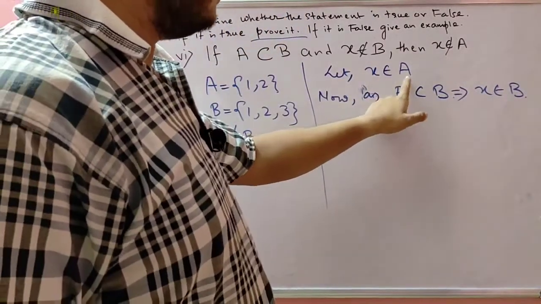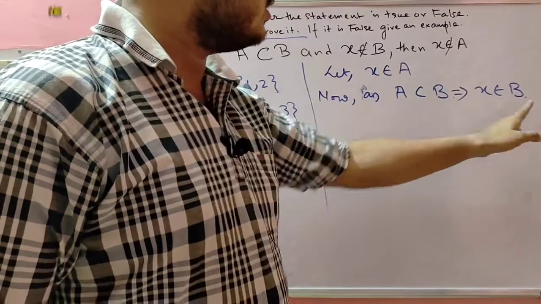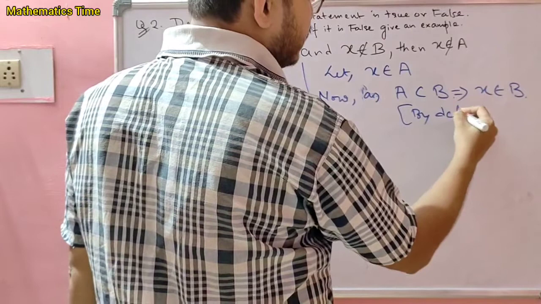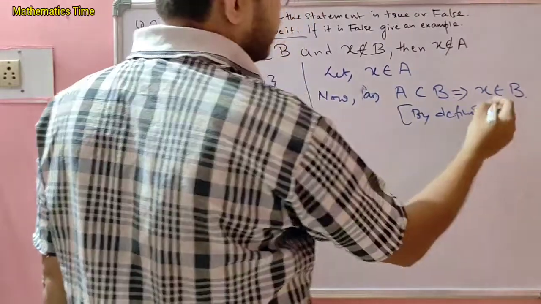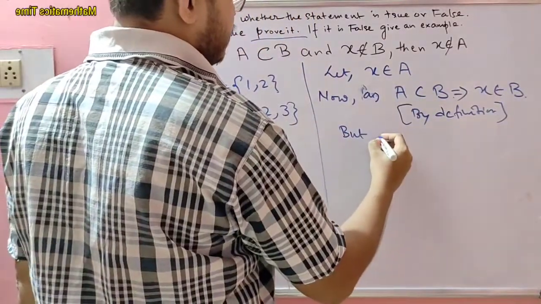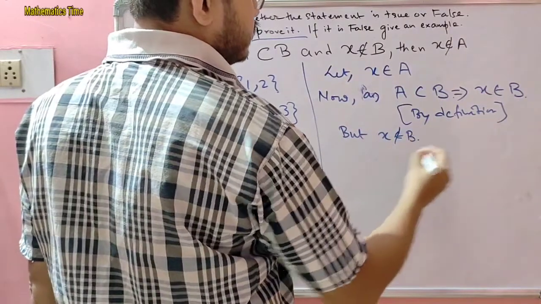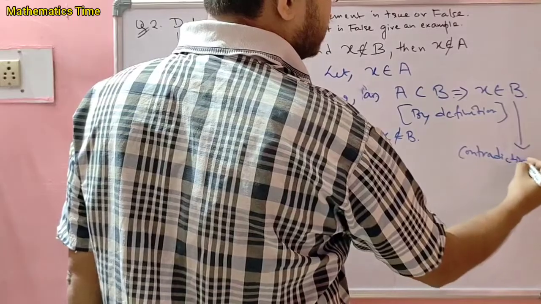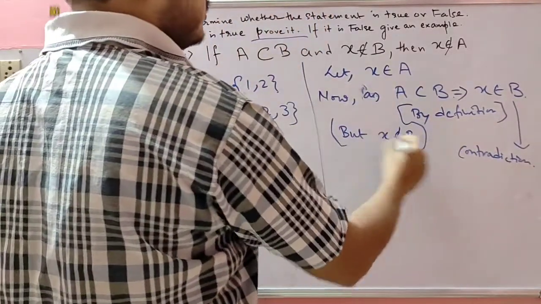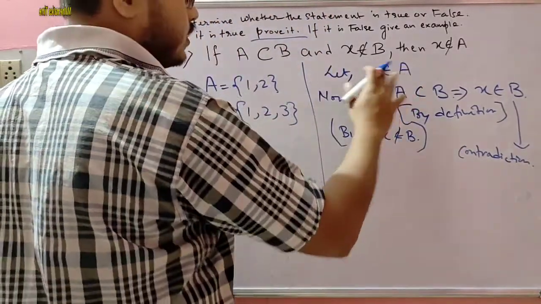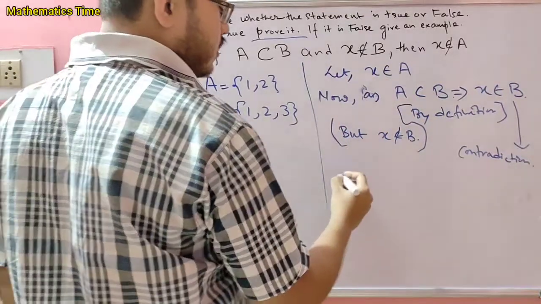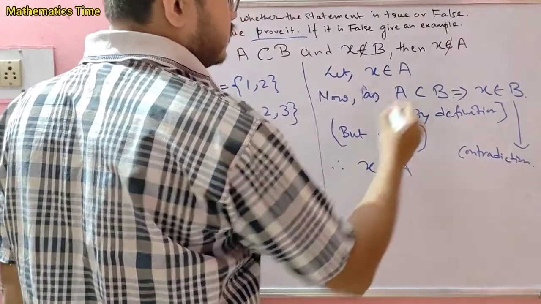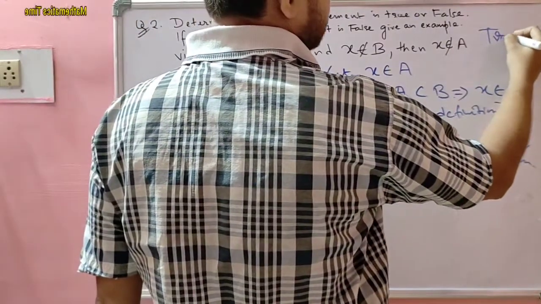If x belongs to A and A is a subset of B, by definition it will be an element of B. By definition x will be an element of B, but x does not belong to B. So this is a contradiction. You have to write that this is a contradiction because of this statement. So what we have assumed is incorrect. Therefore we can write x does not belong to A, and this statement is true.